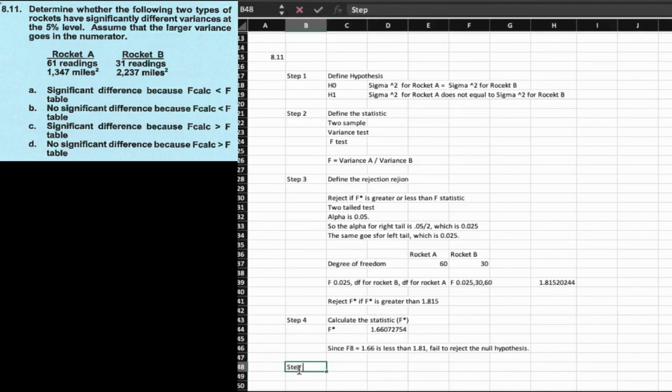Step 5, conclusion. State the conclusion.